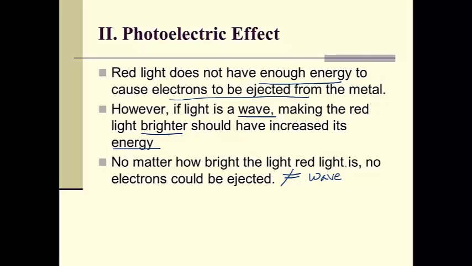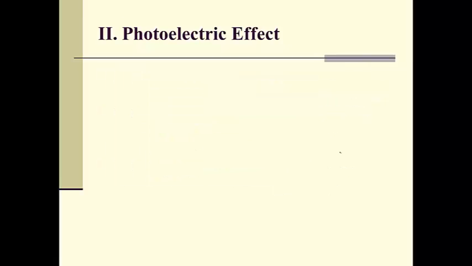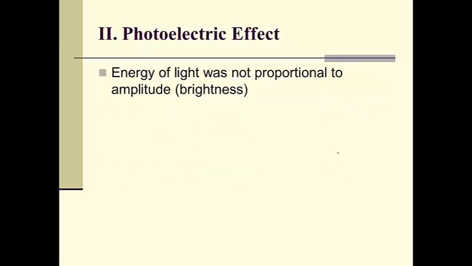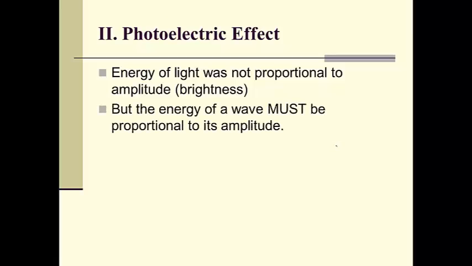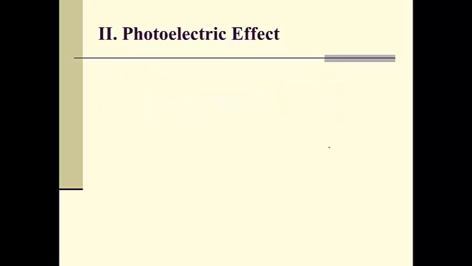If you made it brighter, you'd give it more energy, the red light should get more energy, and it should work. So the energy of light was not proportional to the brightness, which means it doesn't have the properties of a wave, which is what's supposed to happen. The energy of a wave must be proportional to its amplitude.